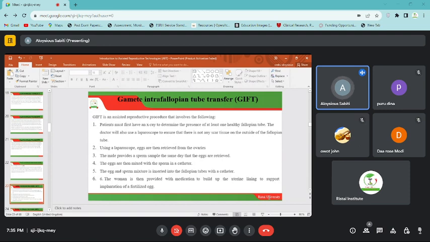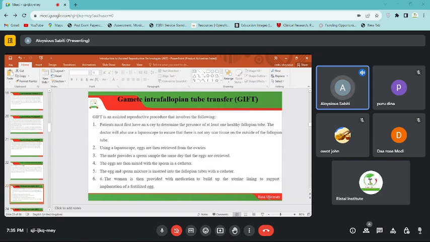And then the eggs are mixed with the sperm in a catheter. The egg and sperm mixture is inserted into the fallopian tube with a catheter. Then the woman is provided with medication to build up the uterine lining to support the implantation of the fertilized egg.